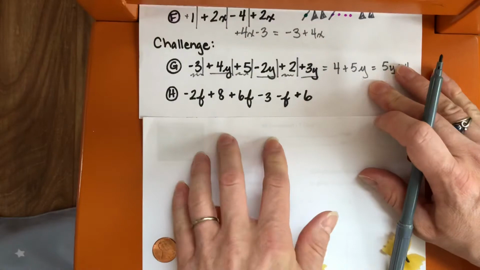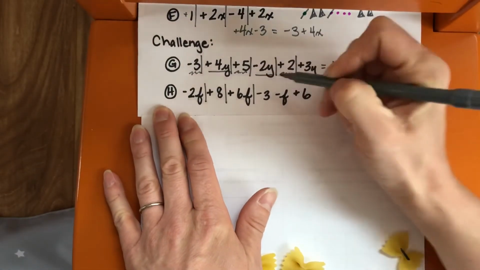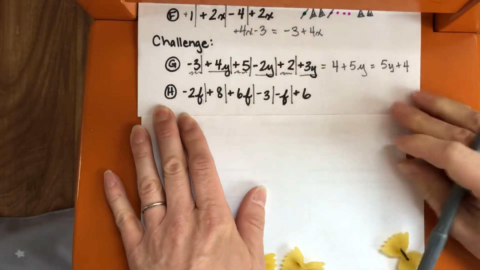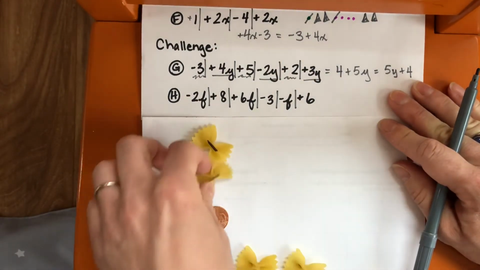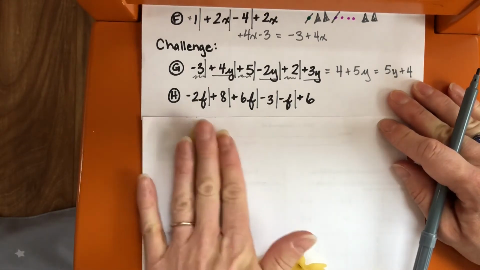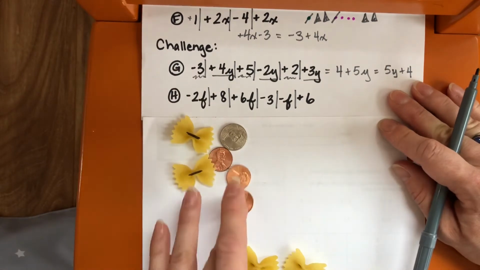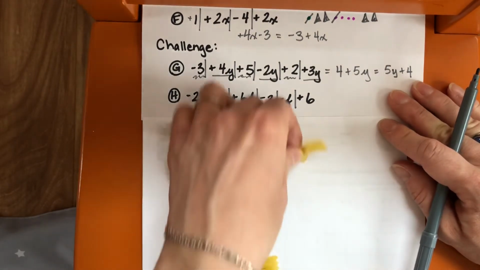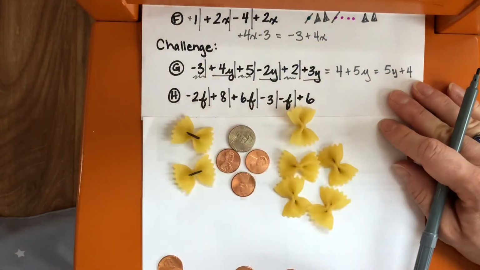Again, I'm going to start by splitting my terms up so that they're easy for me to model. And I have negative 2f, 2 negative bow ties, positive 8, positive 6f, 6 of them.